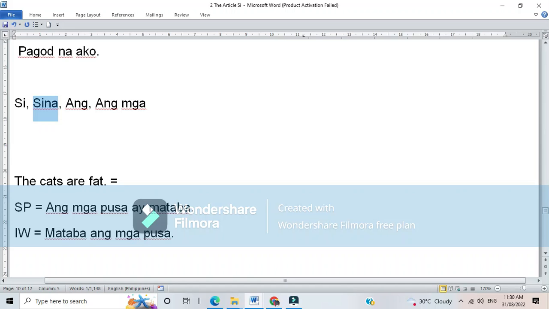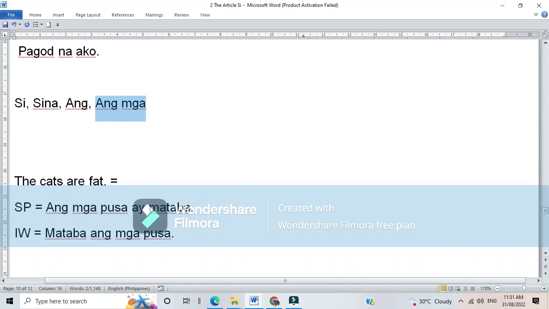For example, Anna and Peter are intelligent. So subject predicate, sina Ana at Peter ay matalino. Inverted word order, matalino sina Ana at Peter. Okay? So article ang is used to introduce a common noun. For example, the cat is fat. Ang pusa ay mataba, or mataba ang pusa.